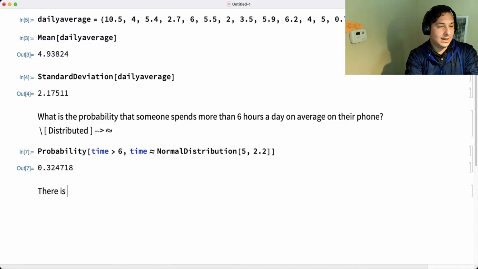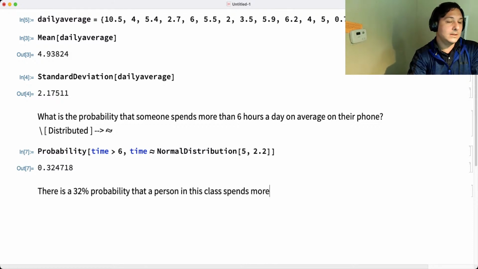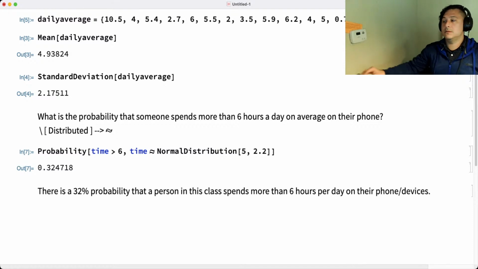There is a 32% probability that a person in this class spends more than 6 hours per day on their phone / devices. Boom.